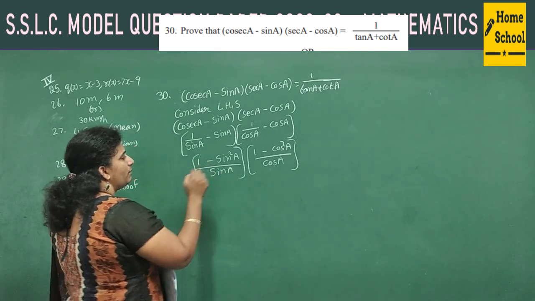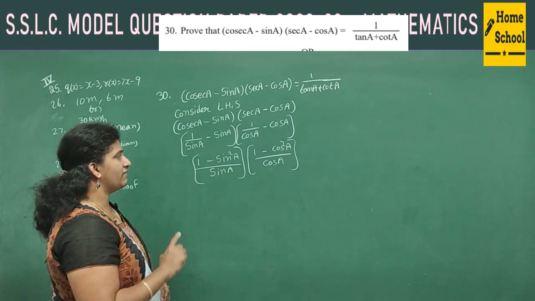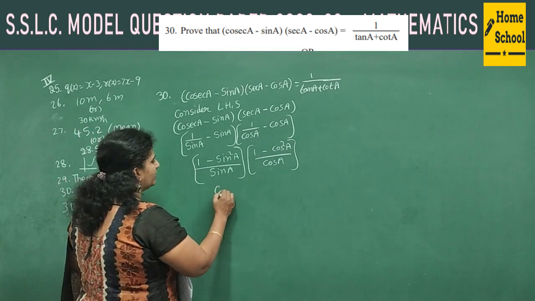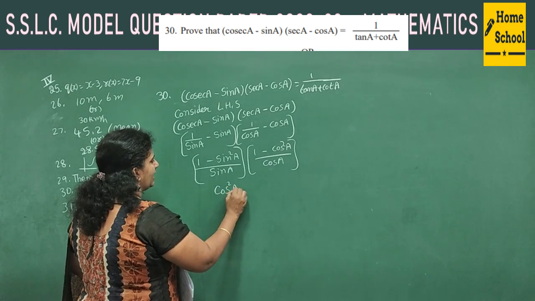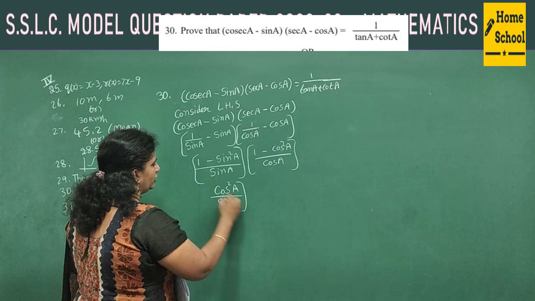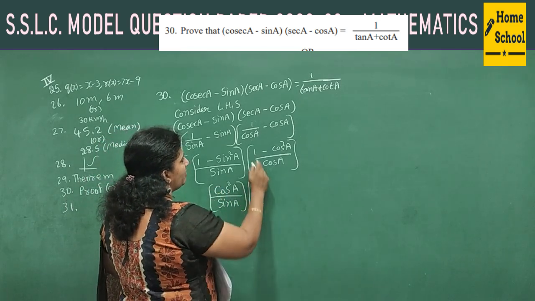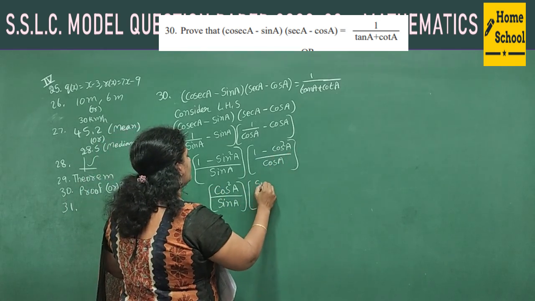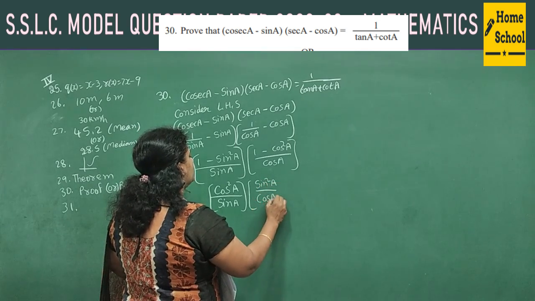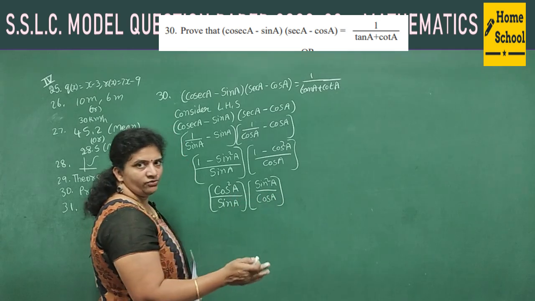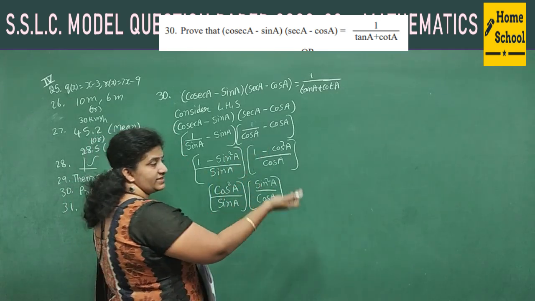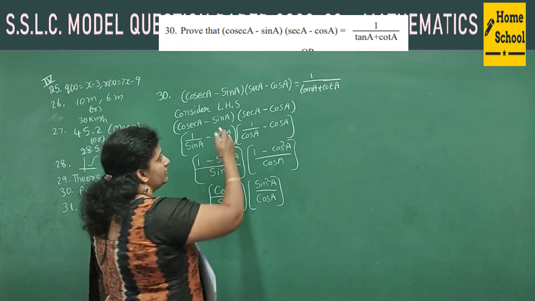And now by identities I can say 1 minus sin square theta is cos square theta. So write here cos square A by sin A into 1 minus cos square A is sin square A by cos A. Please don't forget to write whatever identities we are using, with therefore or since written beside.